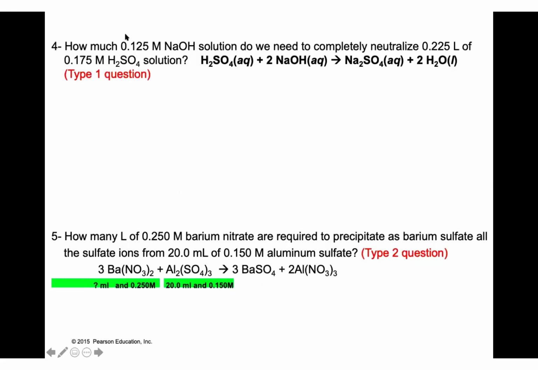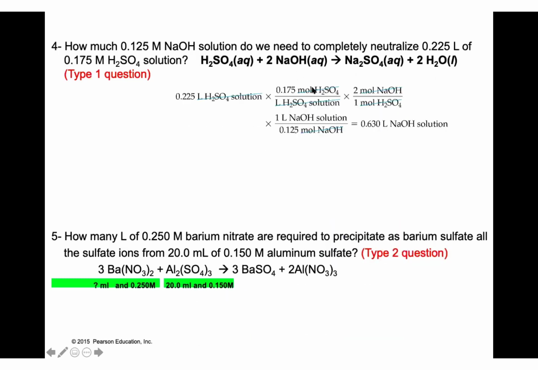How much of 0.125 molar NaOH solution do we need to completely neutralize this one? So here is what, guys, a type 1 question, right? Because it's asking for how much, it's asking for the volume basically. So that's a type 1 question. We always start with the liter of the one that has more information. So I start with the liter of H2SO4, and then I use the molarity of it.